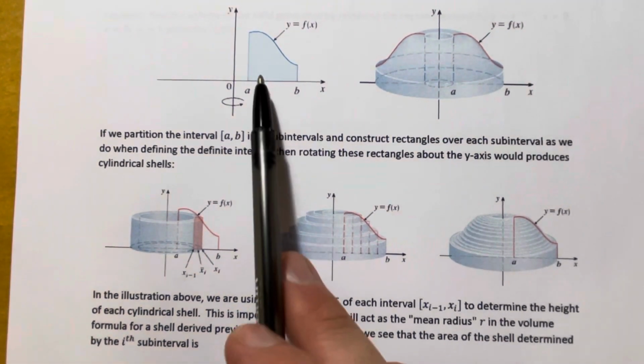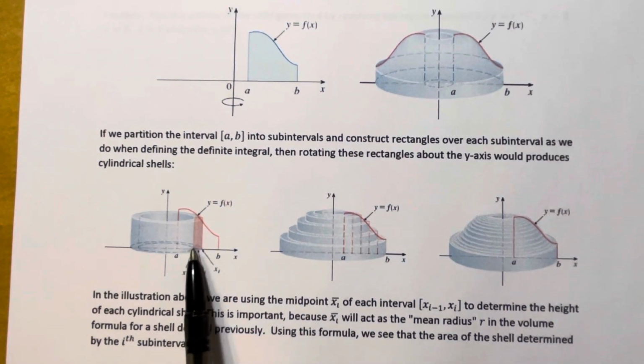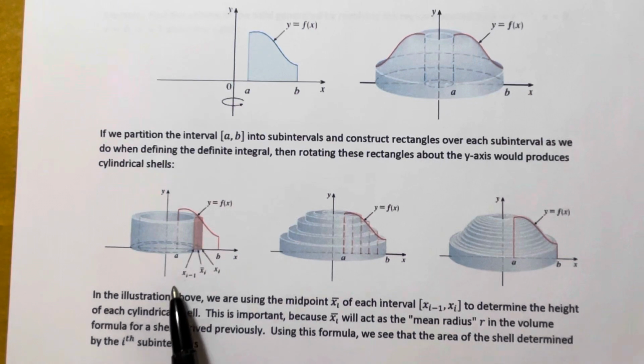Okay, but if I partition AB into all these little subintervals, and then for each of those subintervals, I construct a little rectangle like you do when you define the definite integral in Calculus 1. For this rectangle, the width is still going to be thought of as delta x, so that's familiar.